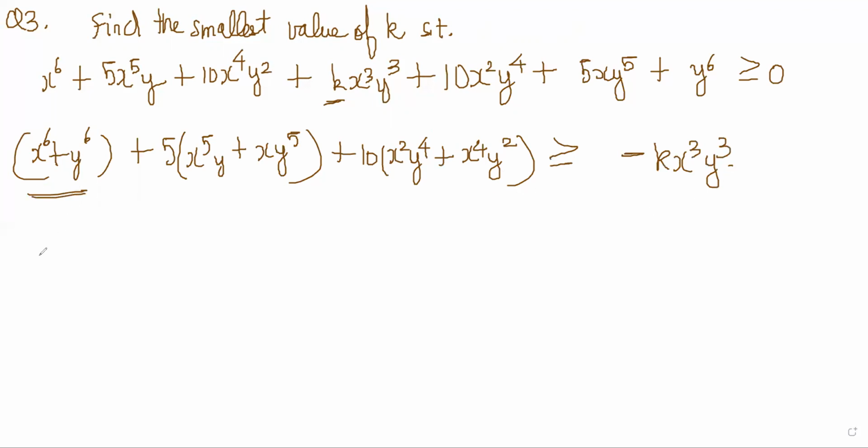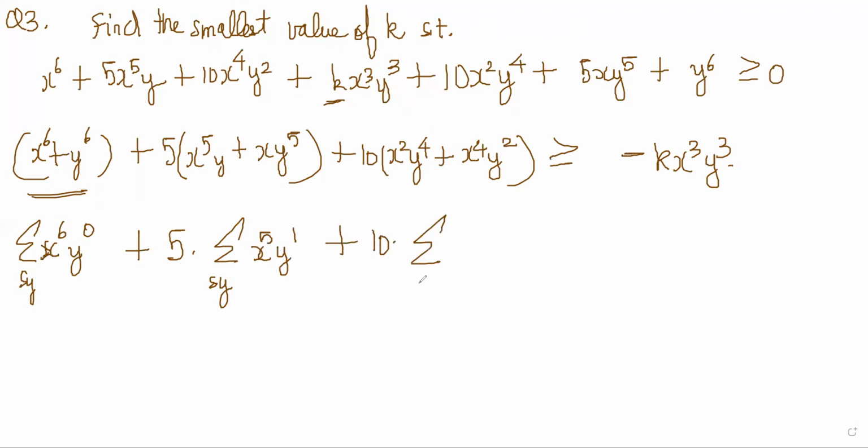Now look at this sequence. This sequence is a symmetric sum of x power 6 y power 0. This sequence is 5 times the symmetric sum of x power 5 y power 1, and this is 10 times the symmetric sum of x square y power 4, or x power 4 y square.